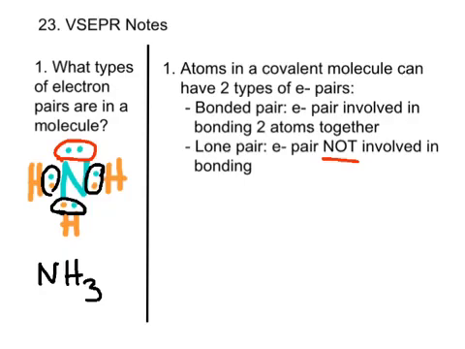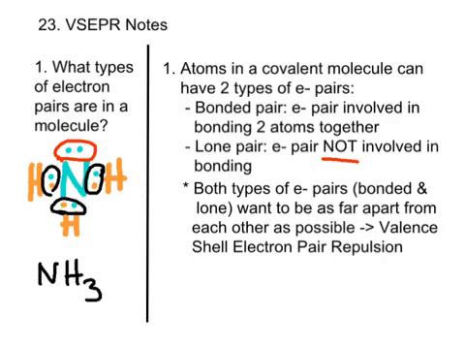Now, the reason why we make this distinction is that both of these types of electron pairs are going to affect the shape a molecule makes, and that's what the VSEPR model is all about. It's all about figuring out what shape these molecules are.